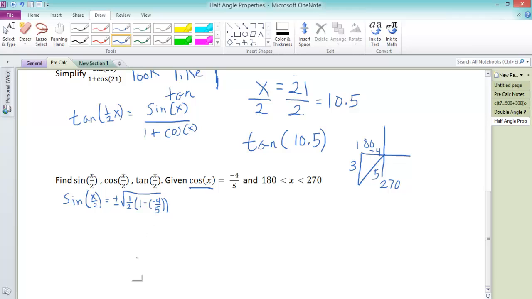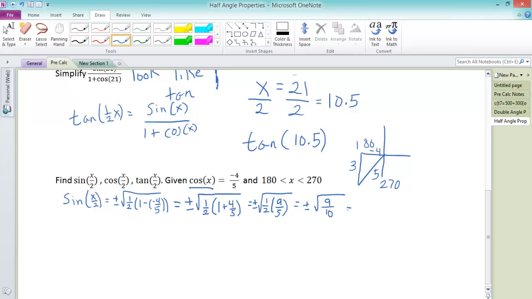Okay, so once we simplify this down, it's going to be plus or minus the square root of 1/2 of 1 plus 4 over 5, which is the same as plus or minus the square root of 1/2 of 9 over 5, which is the same as plus or minus the square root of 9 over 10.